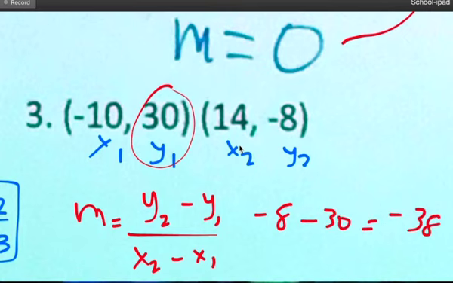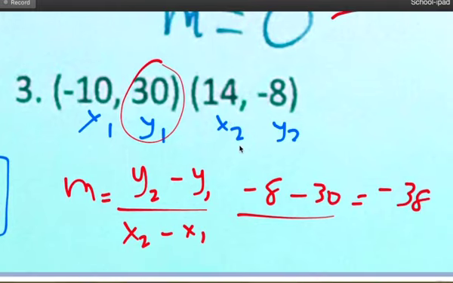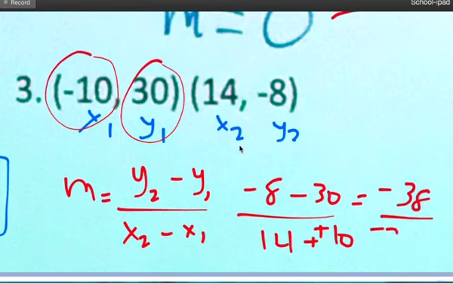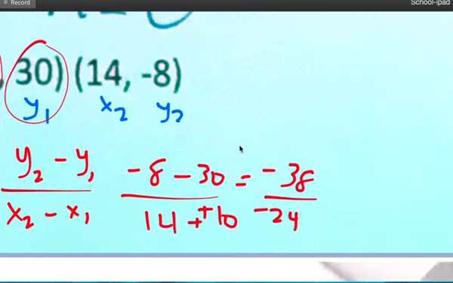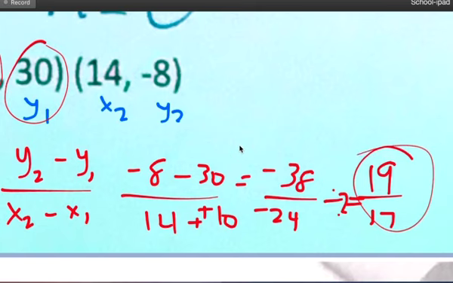Two negatives you add. 14 minus this -10 plus, you got -24. Reduced by 2, you get 19. 2 negative is a positive over 17. And that's your slope.